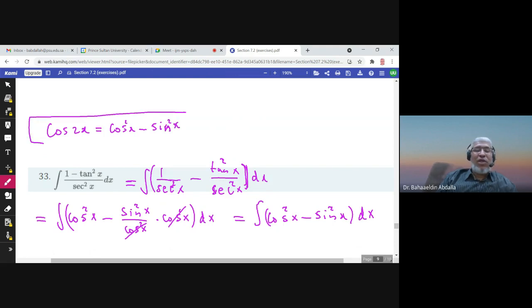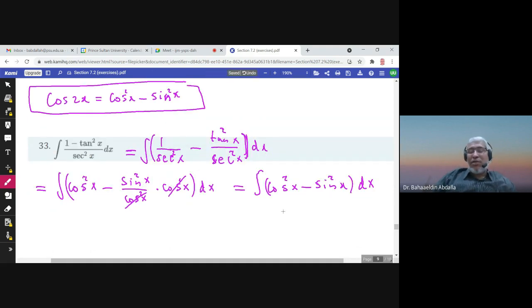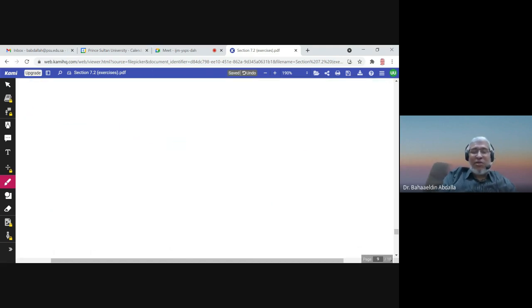So if you memorize this identity, you immediately notice that this is just cosine 2x. Wow, so the integral of cosine 2x is sine 2x over 2 plus c, that's it. Imagine this integral, the answer would be like this. That's nice.